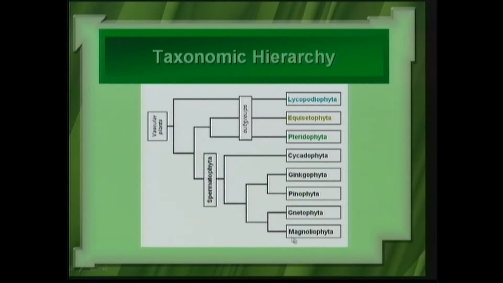You have the Magnoliophyta, or the flowering plants. They're all plants. So this kind of scheme, cladistics, actually a family tree sort of thing, will show you how some of these different kinds of plants are related to each other and their line of descent. So this is what they refer to when they talk about a natural system of classification. It illustrates relationships between one group and the next.